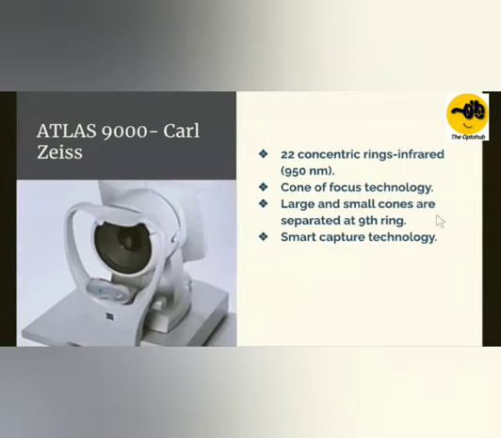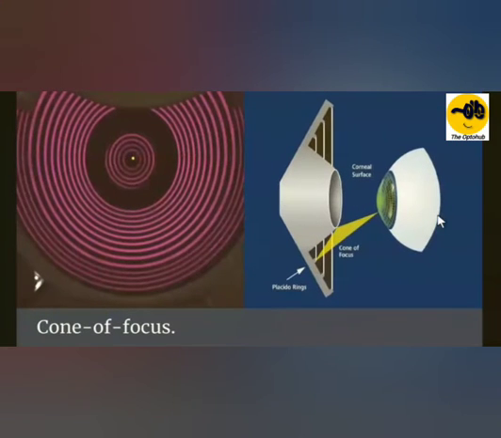The session will be mostly revolving around the corneal topographer, which is one of the best ones, the Class 9000 from Carl Zeiss. A little about the technical aspects of this machine: it has 22 concentric rings, and these rings are all infrared, and it uses something known as cone of focus technology. So you don't need to have a very large bowl for the Placido disc.